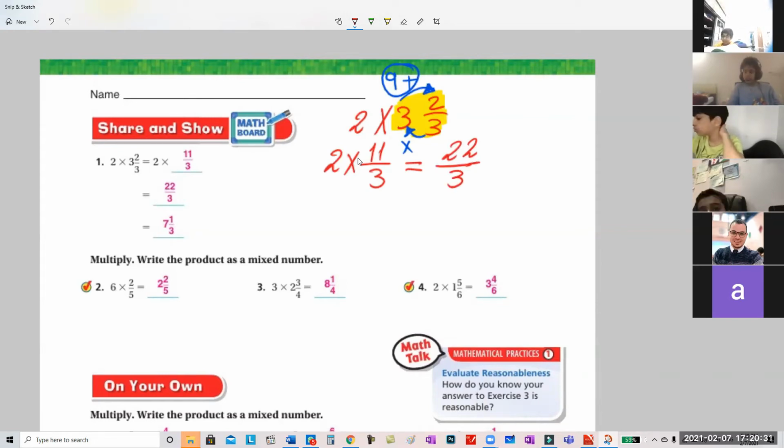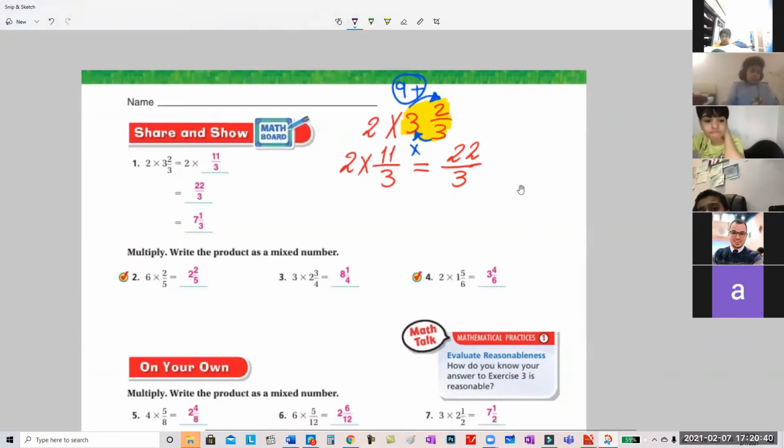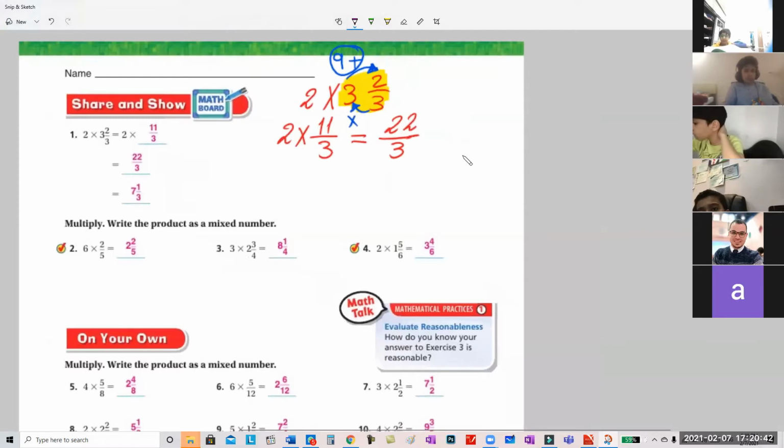We want to convert it to become a mixed number again. So we're going to search for 22 in the multiplication table of 3. You will not find it, but you'll find the nearest number to it.